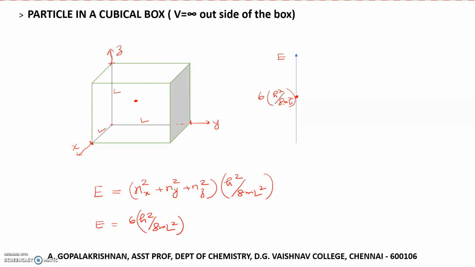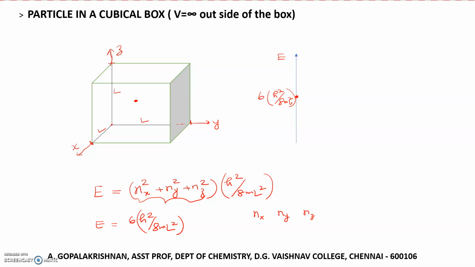Now for this given energy level, how many degeneracies are associated with it? If I place the quantum numbers nx, ny, nz, then nx square plus ny square plus nz square is supposed to be equal to 6.